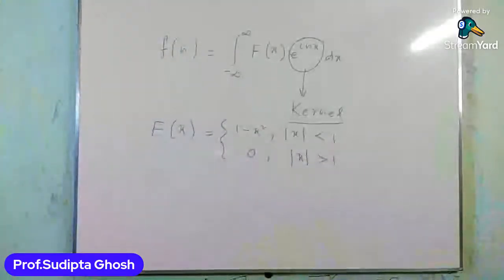So let's do this sum. We have to use the Fourier transformation and find out the transformation value of f(x).